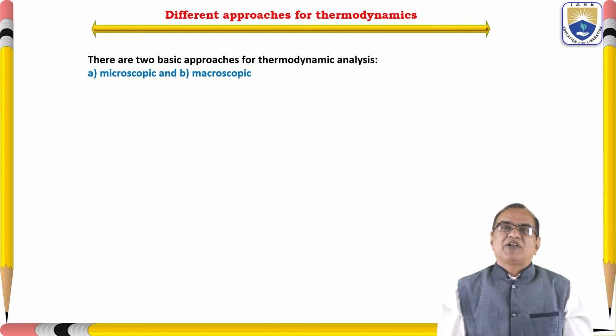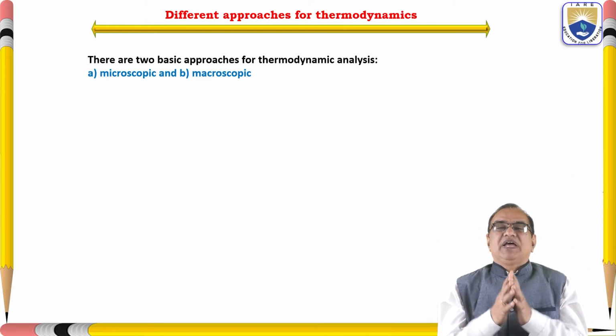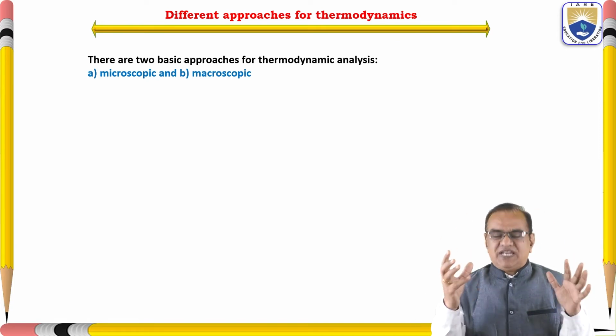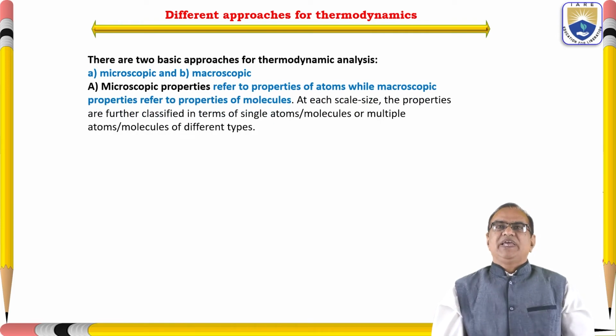These things are part of the microscopic. When we take an average inside the system, then it becomes the macroscopic concept. Microscopic properties refer to properties of atoms, while macroscopic properties refer to properties of molecules.